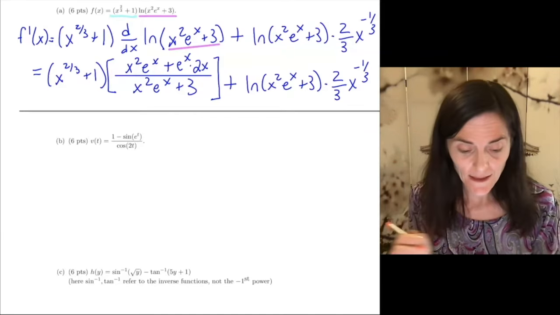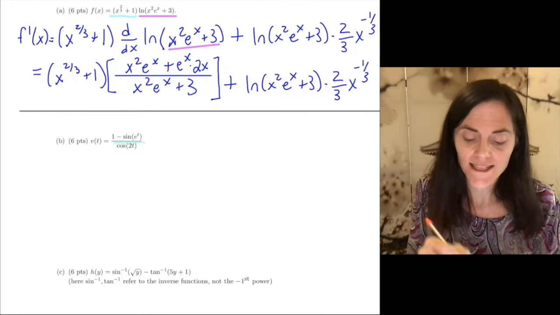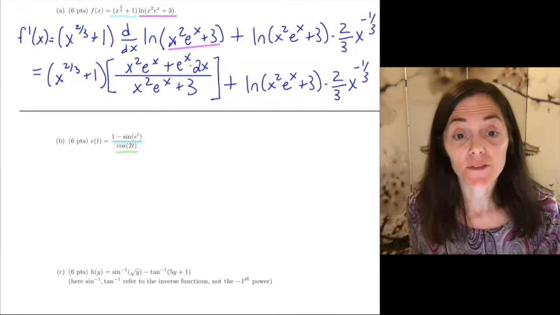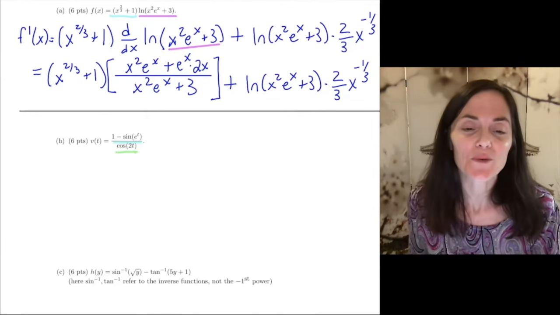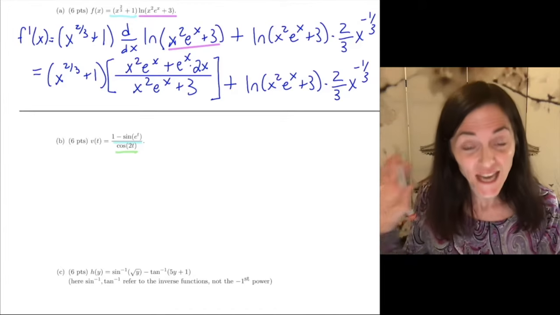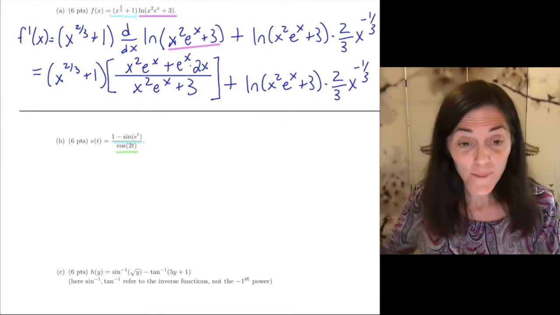Now for B, looking at B, I see one function divided by another function. So the first thing I'm going to do here is quotient rule. But then, of course, I will also have some chain rule when I go to differentiate the numerator and the denominator.